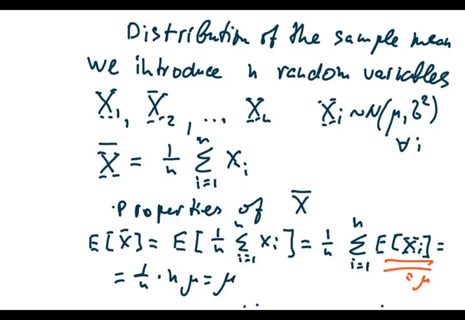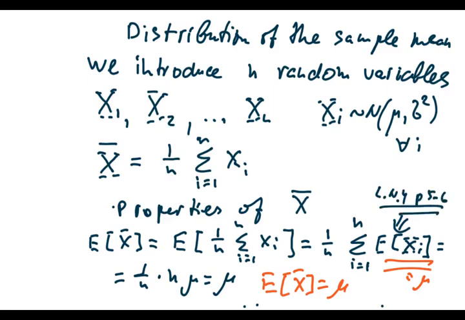So we have proven that expected value of x bar equals mu. This property was proven in lecture notes 4, pages 5 and 6. You can check it.